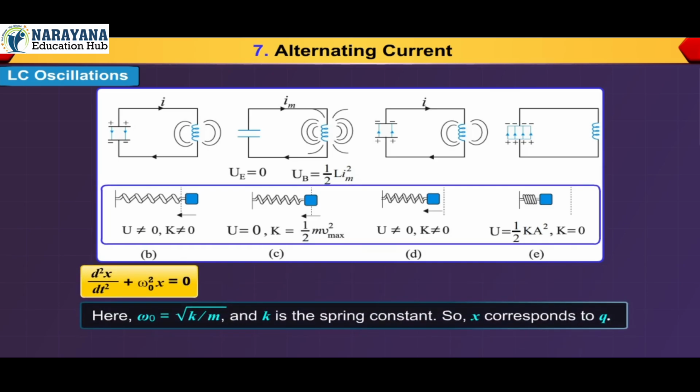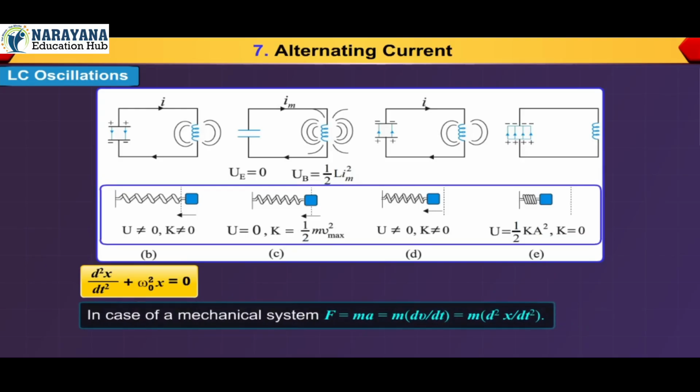Here ω0 = √(k/m), and k is the spring constant, so x corresponds to q. In the case of a mechanical system, F = ma = m dv/dt = m d²x/dt².